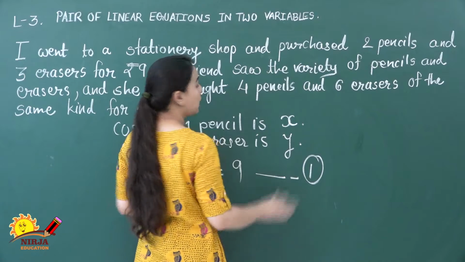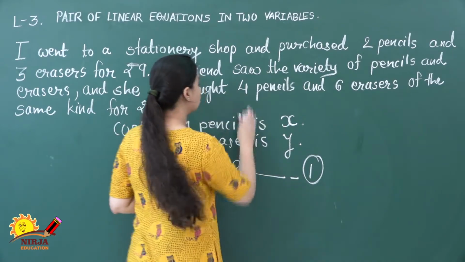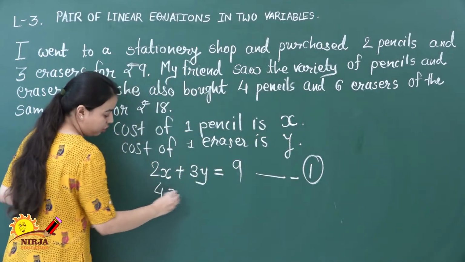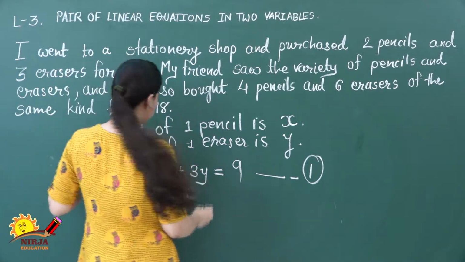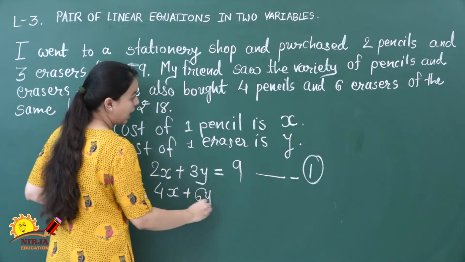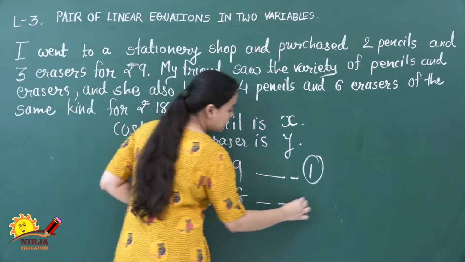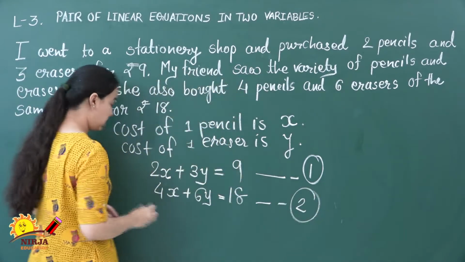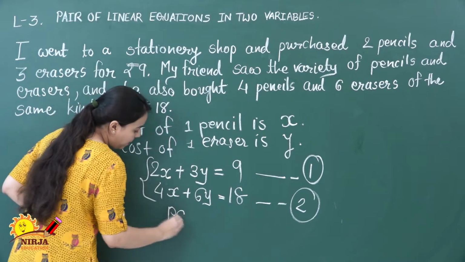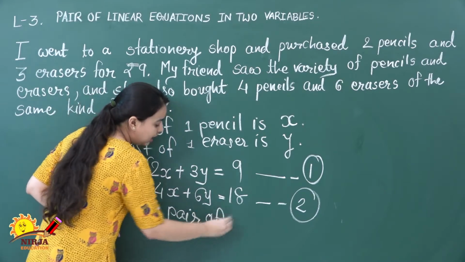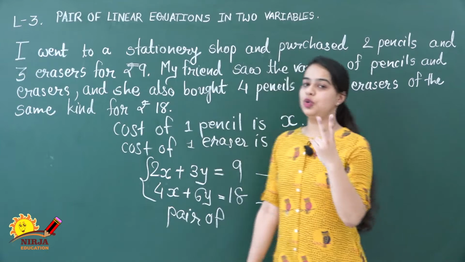The second one is, my friend also went there and she bought 4 pencils, 4x, plus 6 erasers, 6y, and she has paid 18 rupees. So this is the second. As you can see, here we got a pair of linear equations in 2 variables.